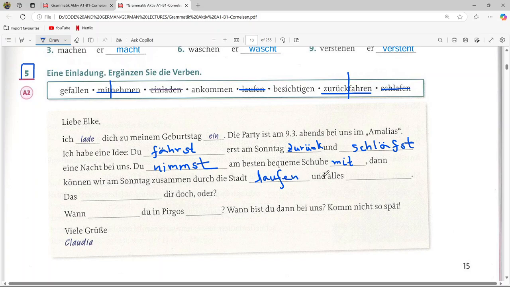Und alles besichtigen. Besichtigen means to see or visit. Okay, so they will visit every place.